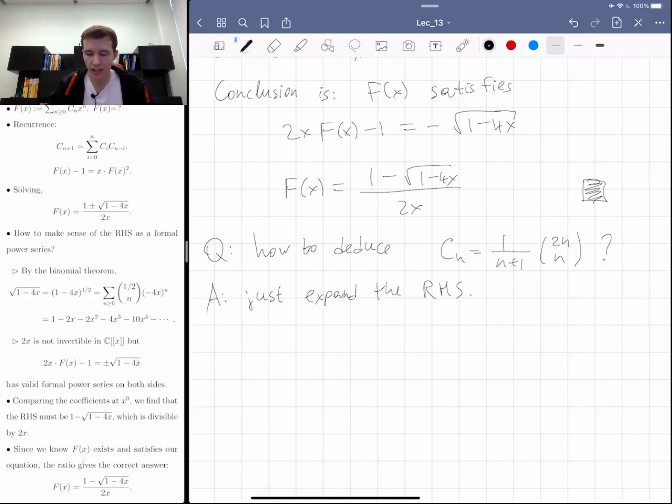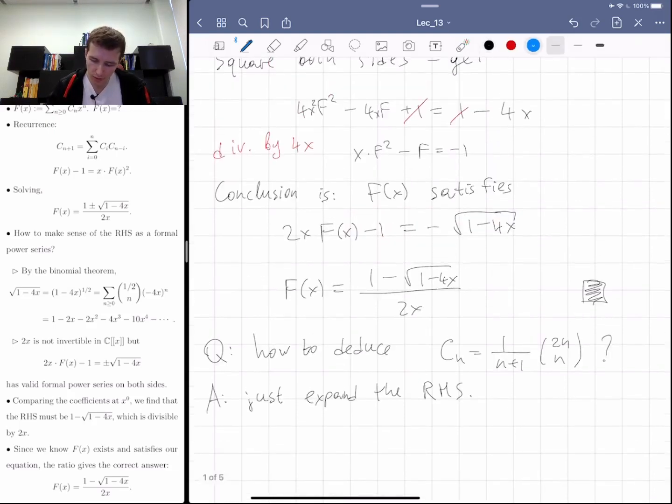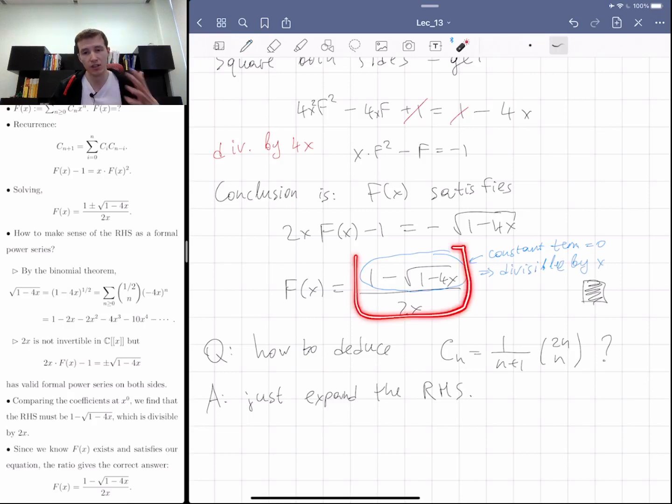Because the right-hand side can be, by the way, I don't know if I mentioned it, but this expression in the numerator has constant term equal to 0, so it is divisible by x. And therefore, the right-hand side is an honest formal power series.